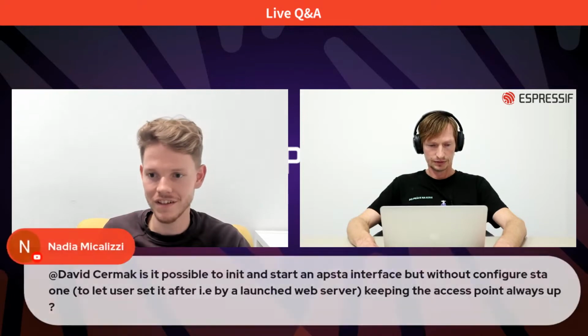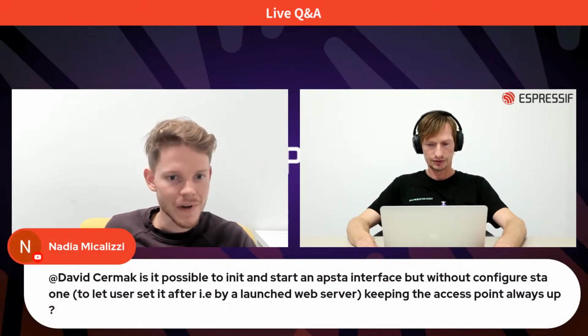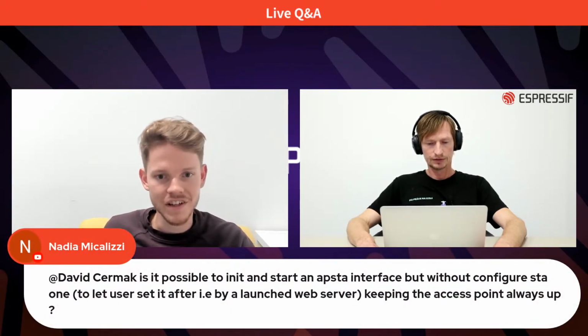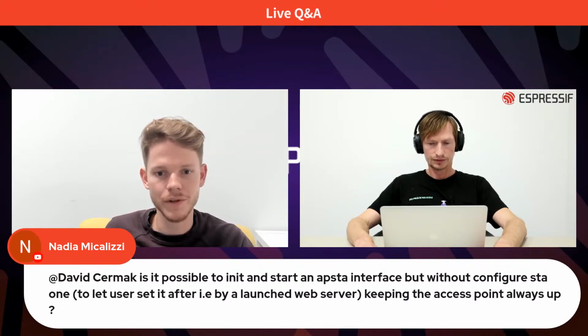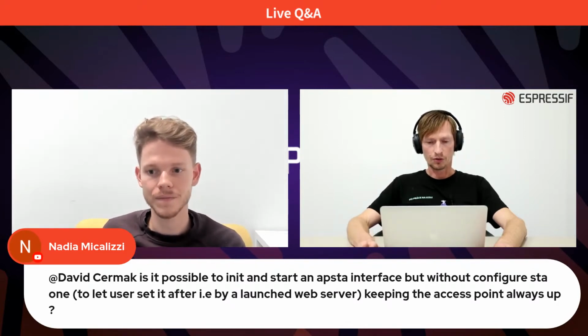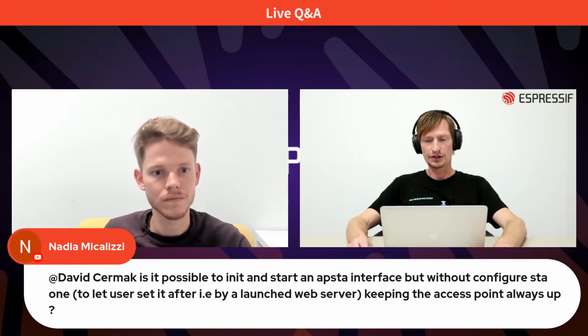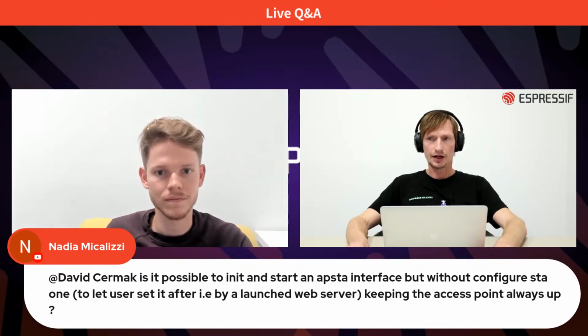Okay, and the last question for you, David. Is it possible to init and start an APSTA interface, but without configuring STA, to let users set it, for example, by a launched web server, keeping the access point always up? Yes, it is possible, but we always need to keep the thing initialized, so we need to run the init only once.